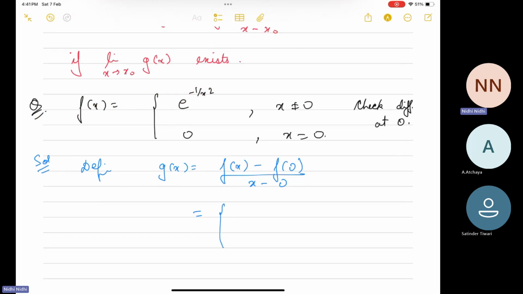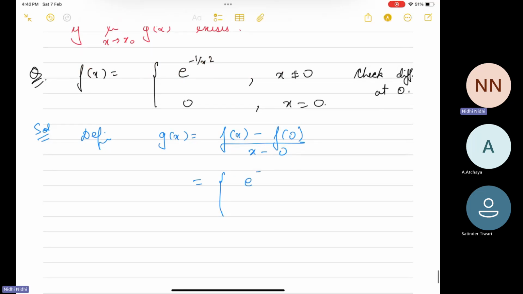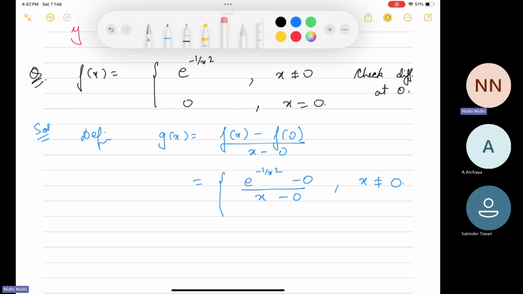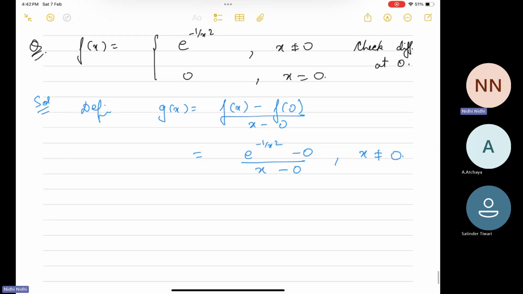So this will be, by definition of the function f, e to the power minus 1 by x square minus 0 upon x minus 0 whenever x is non-zero. Obviously at x equals to 0 we cannot define the function g, but we need to look at the limit of the function g at this point 0.